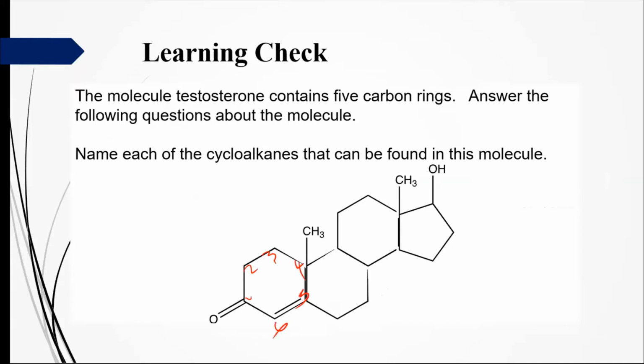Our next one is 1, 2, 3, 4, 5, 6, cyclohexane. Next one, 1, 2, 3, 4, 5, 6, cyclohexane. And then our last one, 1, 2, 3, 4, 5, cyclopentane. You just want to keep that in mind as you're going through and naming them.